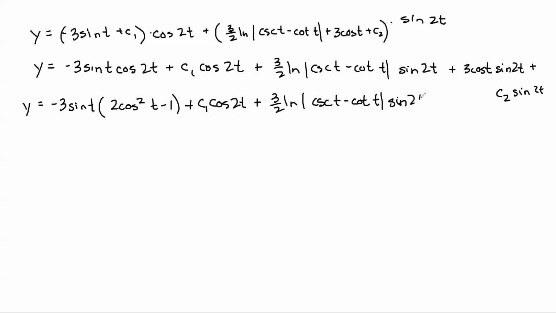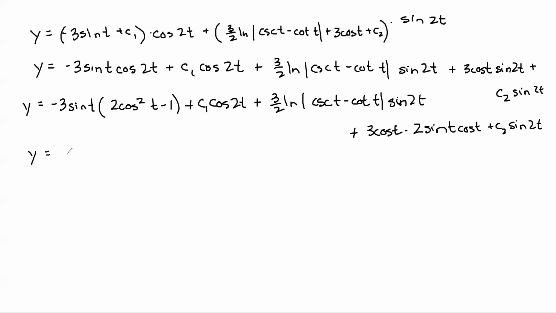We're leaving that one alone. And then plus 3 cosine t times sine 2t, which is 2 sine t cosine t, plus c2 sine 2t.